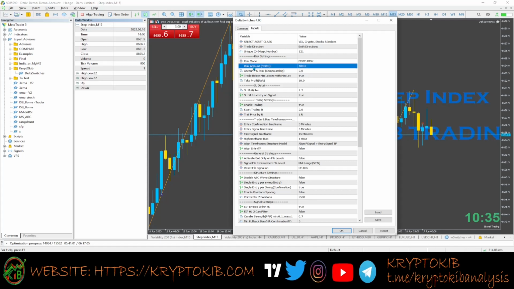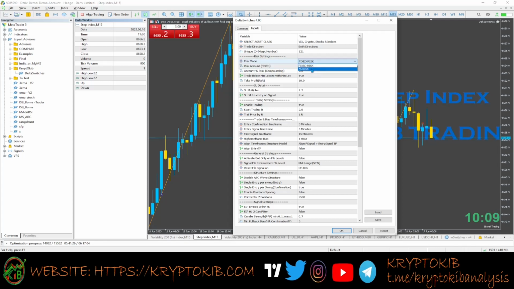And here is the fixed risk amount where you can define the amount you want to risk, and that is in USD. So here now I've placed this as $20 per trade. Until I change this, no matter your account balance, it will always risk $20 per trade, except in some special occasions, which I'm going to talk about shortly.